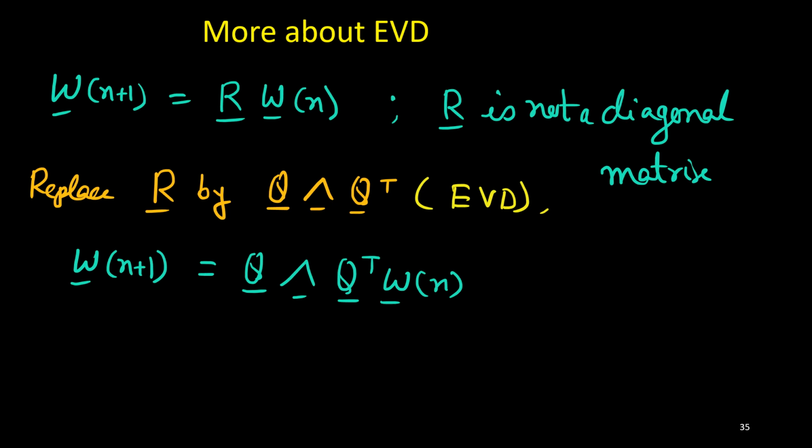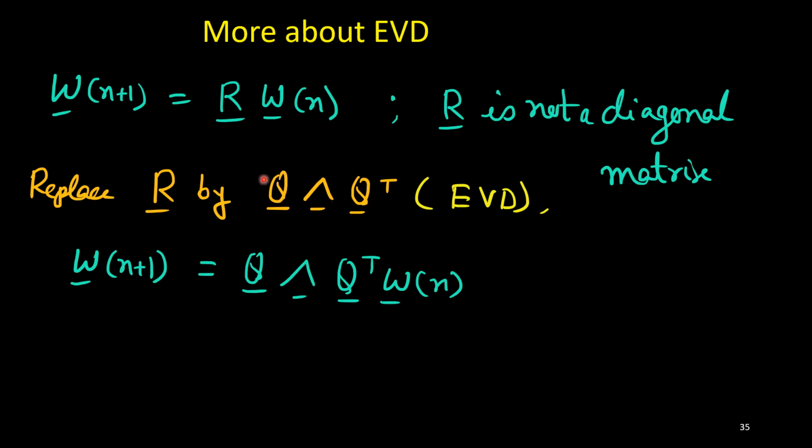So what do we consider right now? Wn plus 1 vector equals R times Wn, where R is not a diagonal matrix. So we need to solve it. What we'll do is replace this capital R by its eigenvalue decomposition, Q times capital lambda times Q transpose.